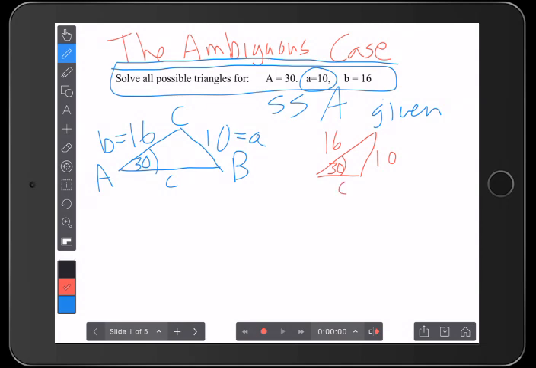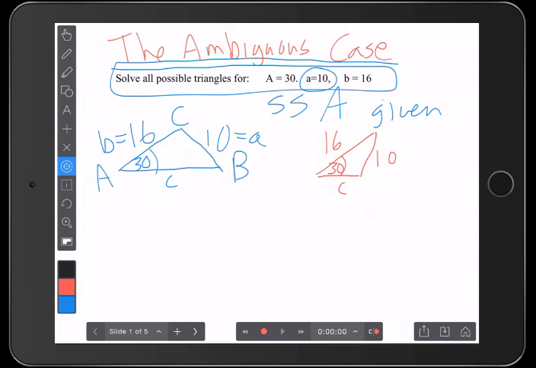Clearly what's significantly different is the length of side c and the other two angles. Okay, so that's the other triangle that might be possible. Now, since this 10 is less than 16, it's plausible. In other words, it's possible that we've got two triangles, but we have to do a bit of math to make sure. So let's go ahead and do that.